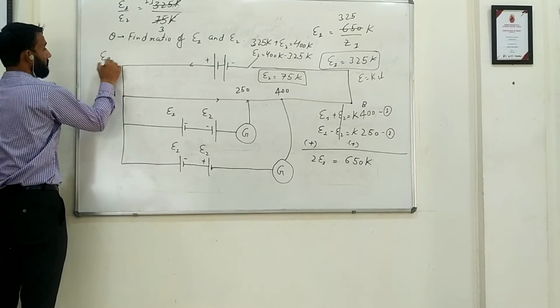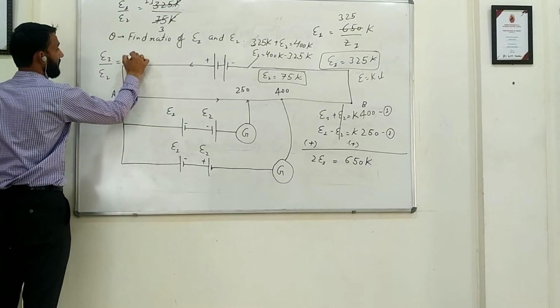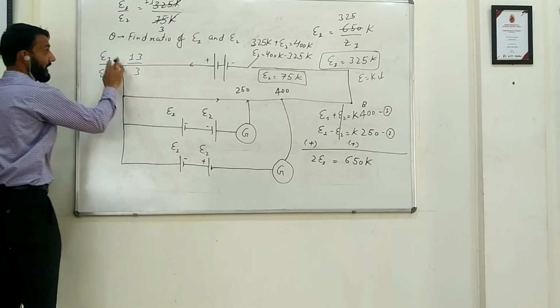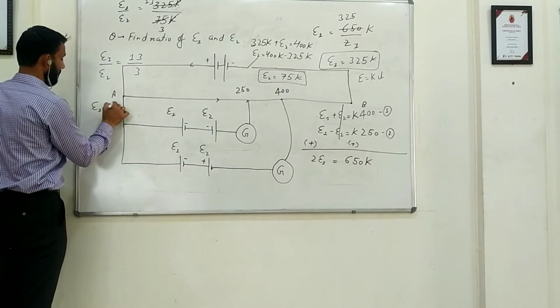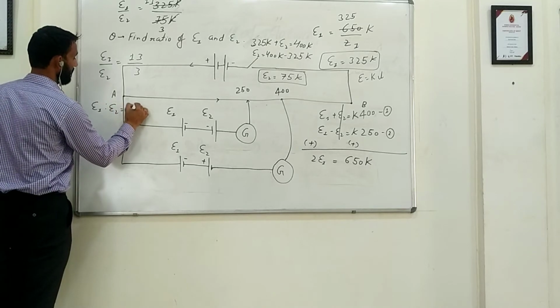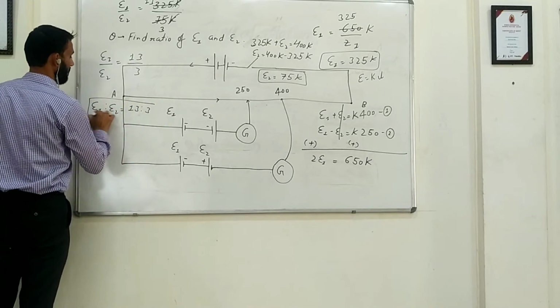So E1 by E2 will be equal to 13 by 3. Now we are calculating the ratio. So E1 ratio E2 is equal to 13 ratio 3. This will be the ratio.